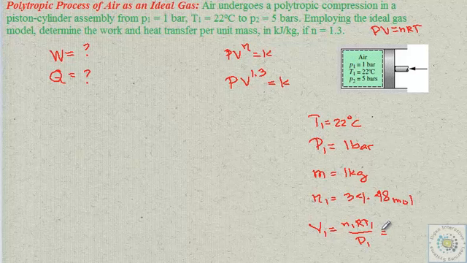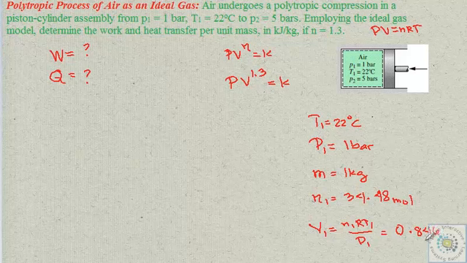In that case, n will be 34.48, R will be 8.3145, T1 will be 22 plus 273.15, divided by P1, which is 100,000 Pascal. Convert 1 bar to Pascal.